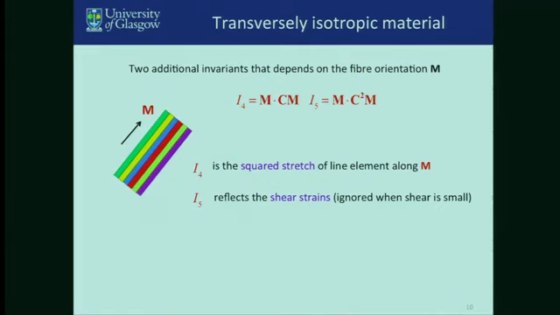Basically, you have one preferred axis, but in the other 2 dimensions, it's isotropic. So that's called transversely isotropic. It means you have one dominant direction. Okay, so for this, you need 5 invariants.